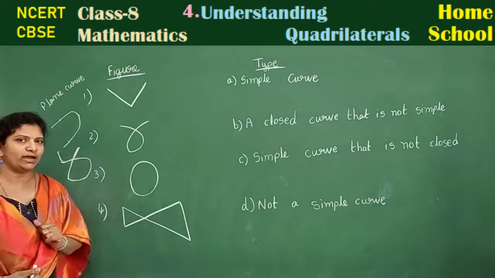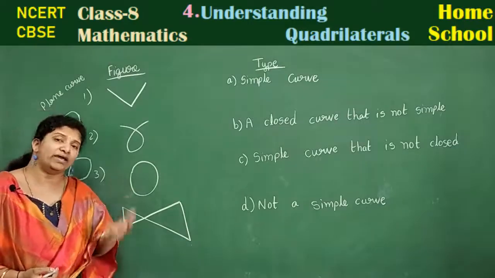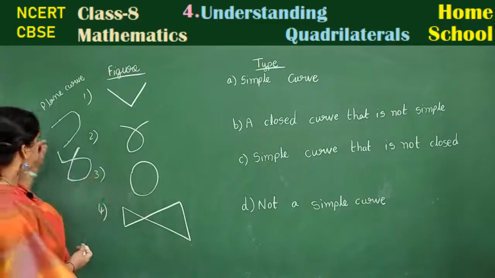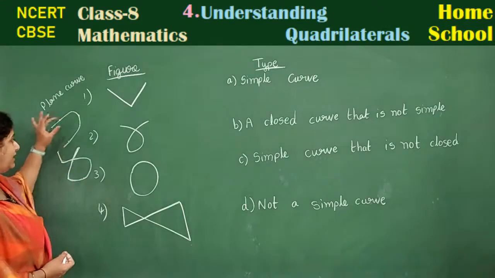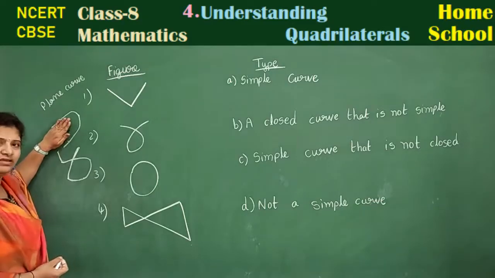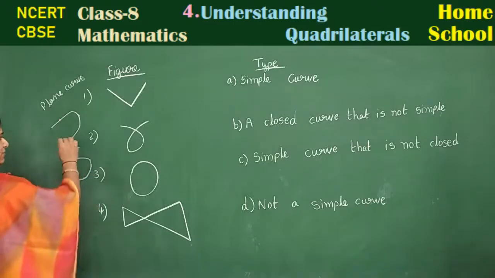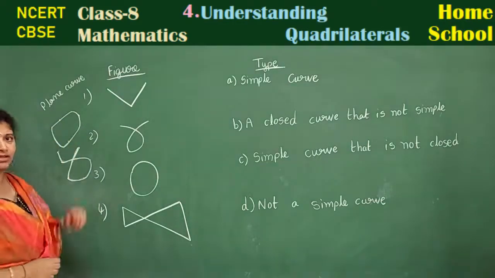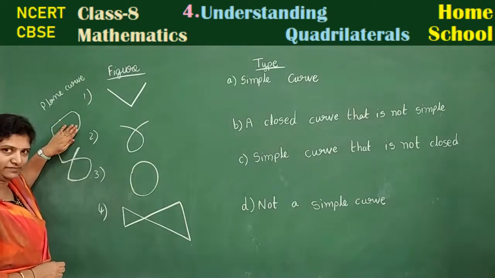And one more word you need to understand here: simple open curve, simple closed curve. Look here, this curve is a simple curve and it is open. It is not closed, it is open. Suppose I join this one here, then this is a simple closed curve.